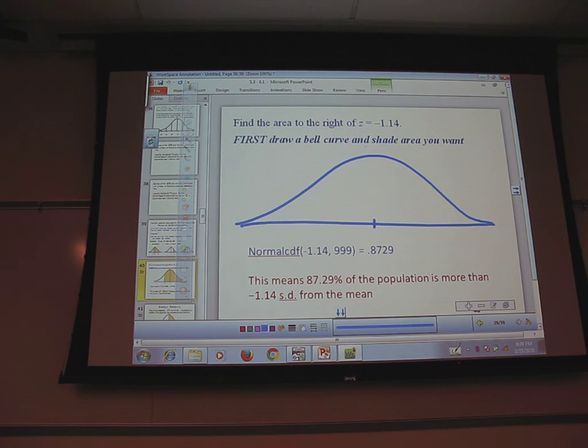Now, I want normal CDF of -1.14 to 999, or to the right. So, where is -1.14? Is it on the left side or the right side? Left side, it's negative. Everybody good with that? -1.14. Draw a line straight up, and I want to the right of it. So that means I'm going to shade this side over here.